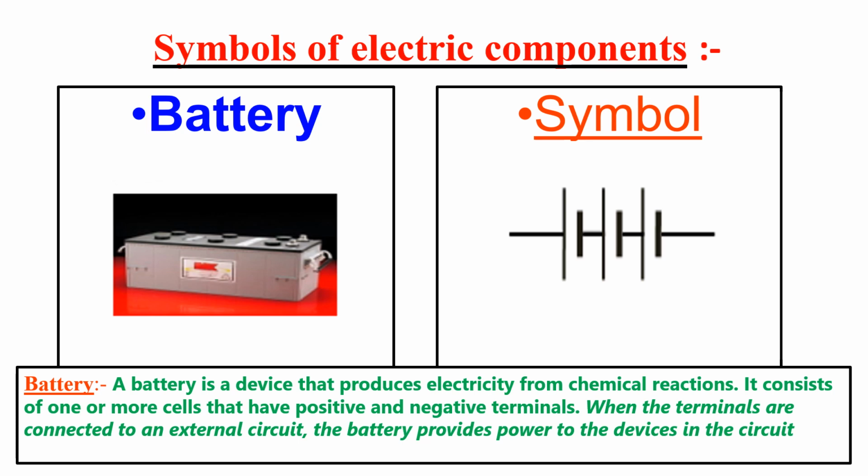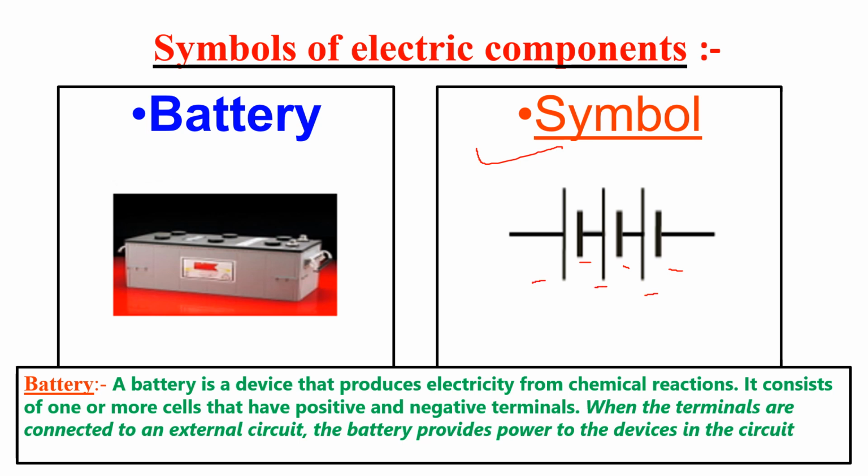Next, battery. Today it is playing a very important role in our lives. Somewhere you are also using it as an inverter. So it's required to know the battery and its symbol.